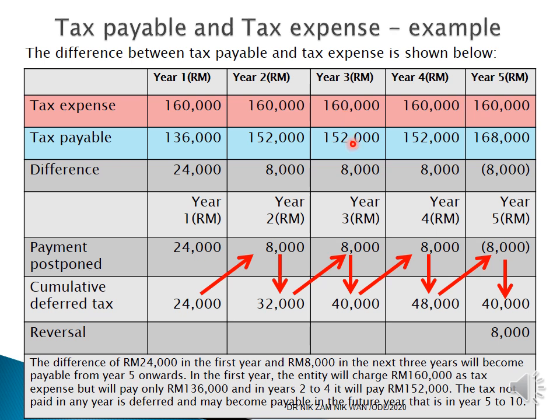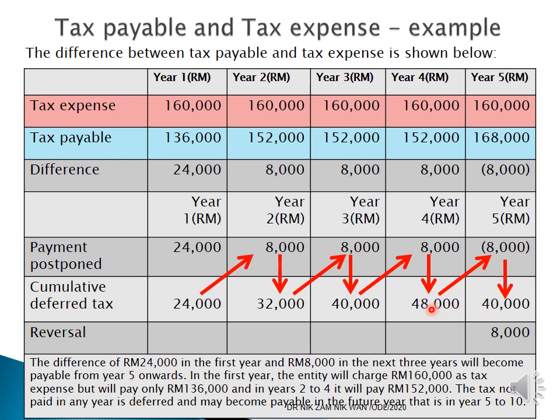Okay, the same thing happens for year 3 and also year 4. But if you look at the effect in year 5, tax expenses are maintained at 160,000. However, tax payable has increased since you no longer have the capital allowance amount. So this time the difference will be negative. So this negative amount will be covered by the deferred tax that you already have.